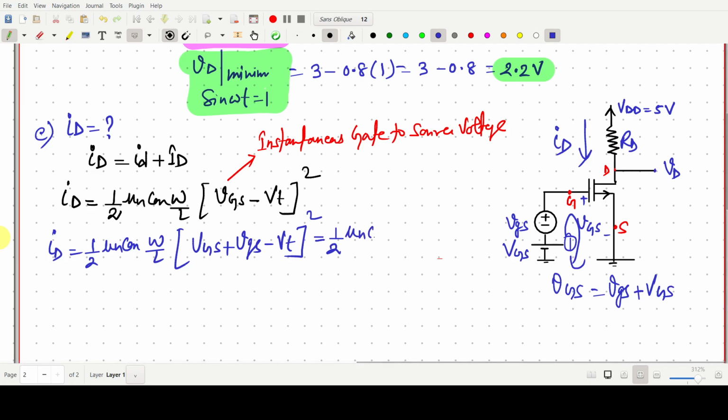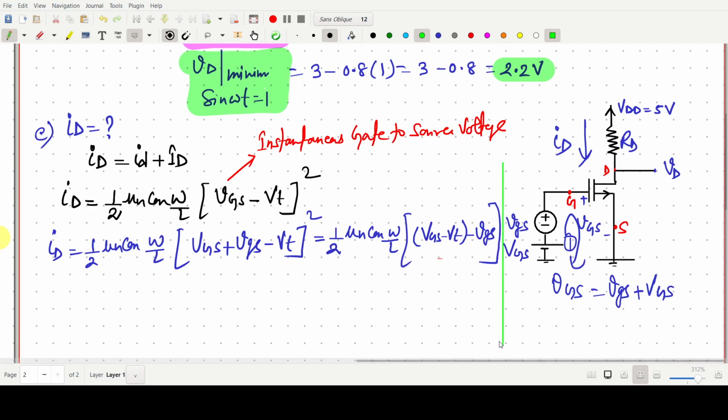In the bracket, one can write VGS minus VT plus the AC component vgs. Is it okay? Clear now? Like this.